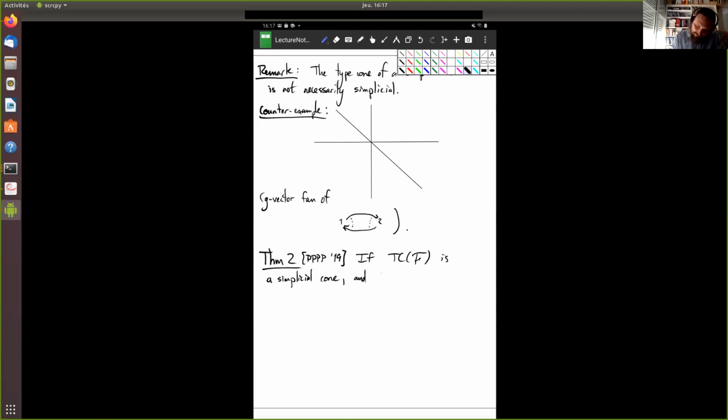And if K is a big N minus small n times big N matrix whose rows are the exchange relations defining the facets of the cone.